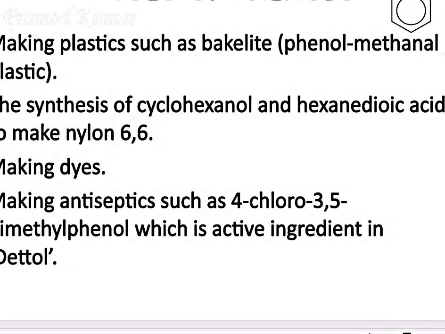And one of the most important things: 4-chloro-3,5-dimethyl phenol.